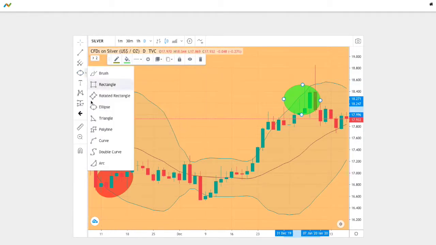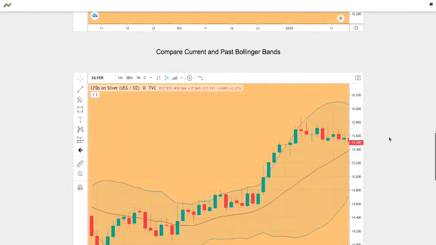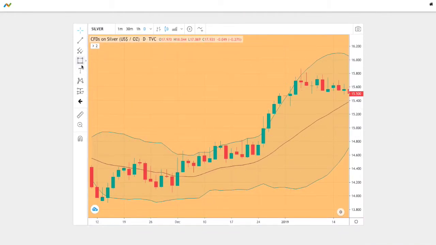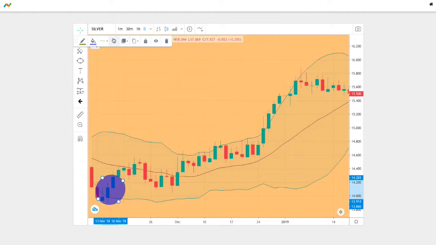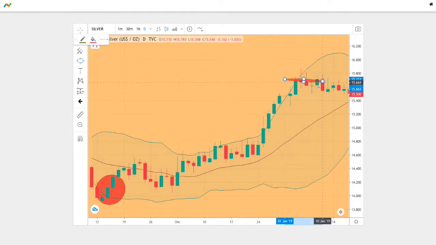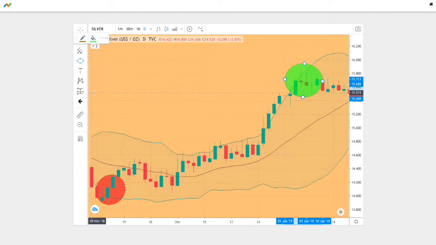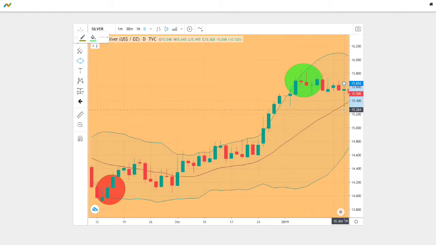Next, we see it slightly revert back to the mean, or back to the middle Bollinger Band, right towards the end. In the trend in question, we start to see a similar pattern as well. We start off touching the bottom Bollinger Band, and then after that we see it touch the upper Bollinger Band, and finally right towards the end we see it revert back to the mean at the middle Bollinger Band.